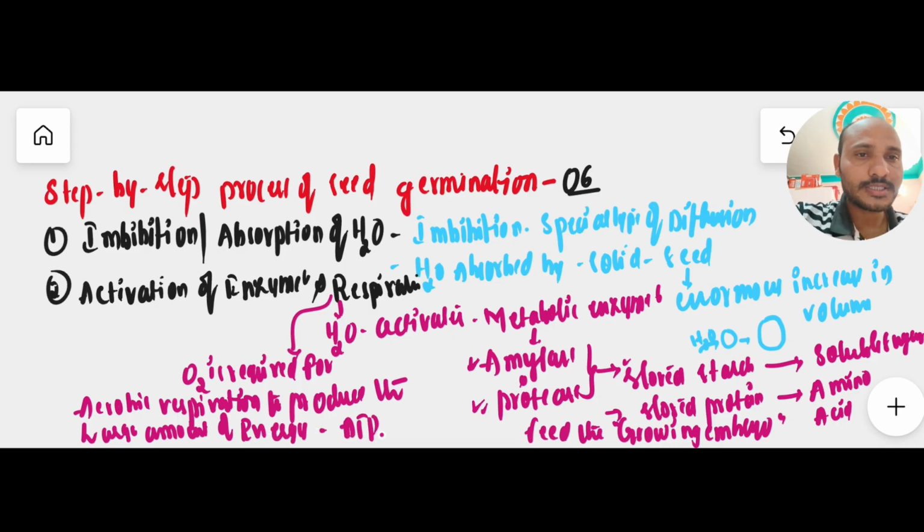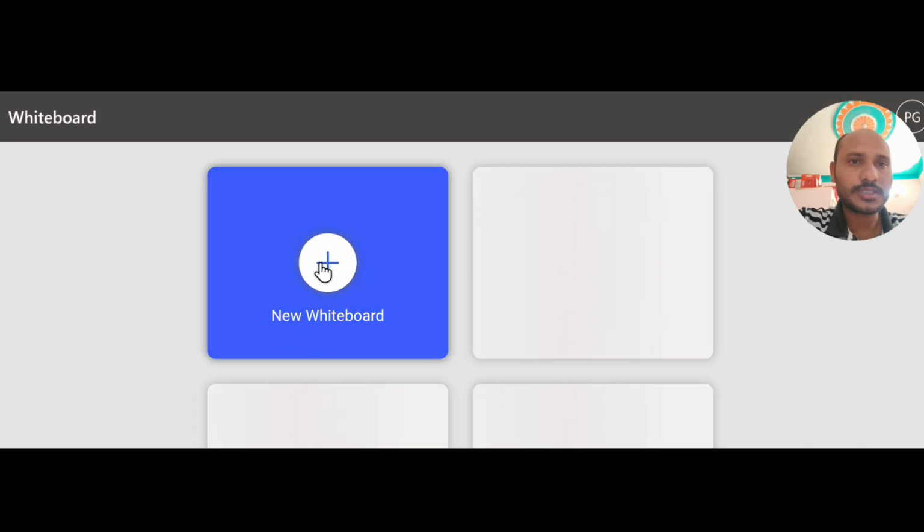This energy is needed by the seed for cellular division, which activates growth during the seed germination process. So for that there is a need of oxygen to perform all these processes. Then we move on to the third step.